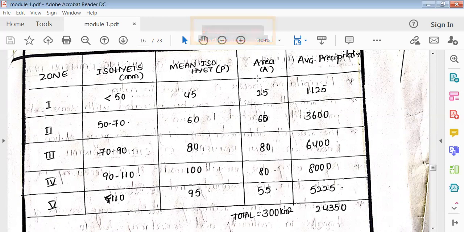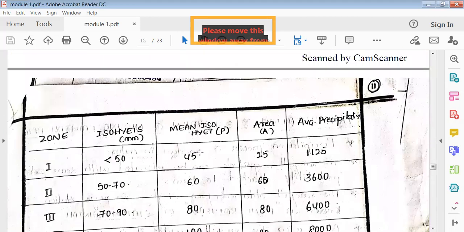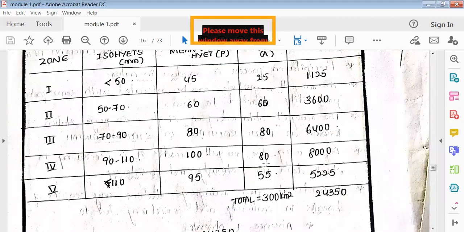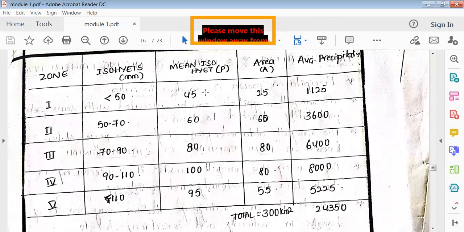Once you get the mean, next is area. You've already got the area here: 25, 60, 80, 80, and 55. So write it like this. Now add these: the total area is 300 kilometers square. The average precipitation is found by multiplying P into A. 60 into 60, this value.